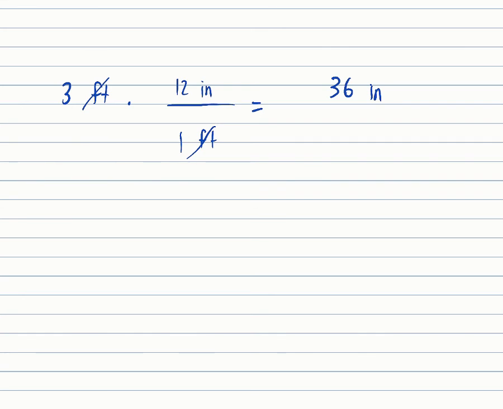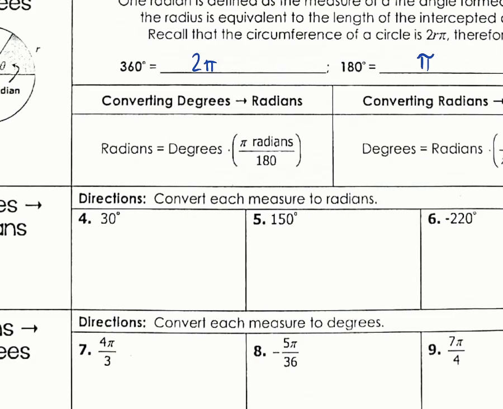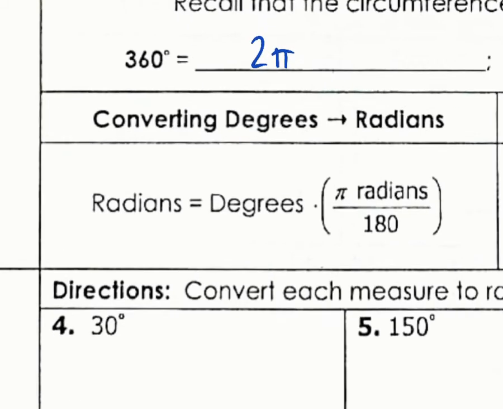Okay, here's the point. Let's go back up here. When it comes to converting, so I have a degree measure and I want to convert it to radians, the way that I convert it is using the fact that 180 degrees is equivalent to pi in radians.